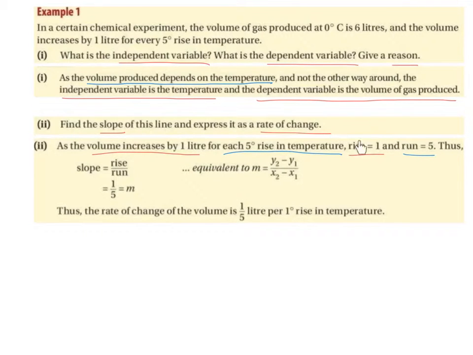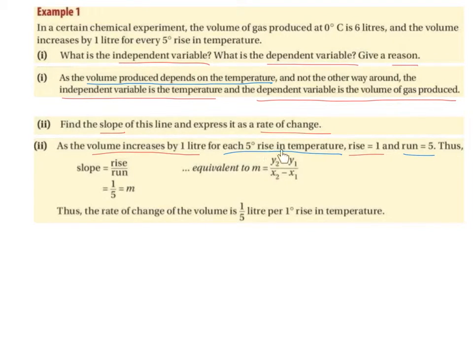So the rise is 1 because the volume increases by 1 litre, and the run is 5 because there is a 5 degree rise in temperature for every 1 litre. So slope is rise over run, 1 over 5, and m is the letter used to represent slope.